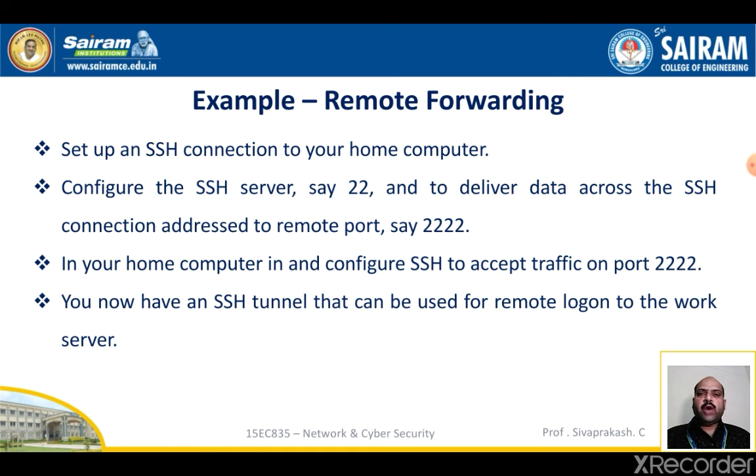Then you have an SSH tunnel that can be used for remote logon to the work server, so that we can extract the data from the server which is behind the firewall, and you can access all the data from your home computer. In such a way we can do port forwarding with the help of remote forwarding.